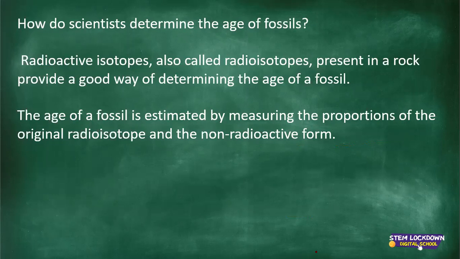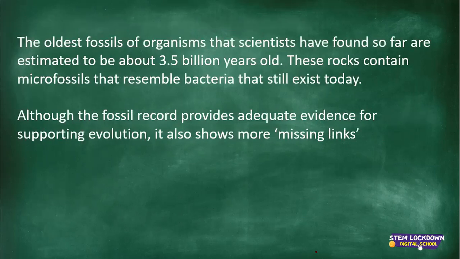The age of a fossil is estimated by measuring the proportions of the original radioisotope and the non-radioactive form. So you compare the two and you can work it out.